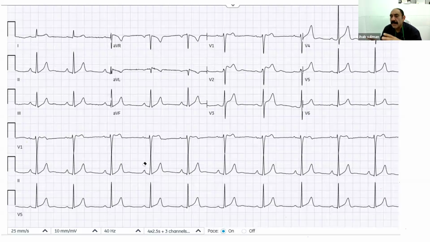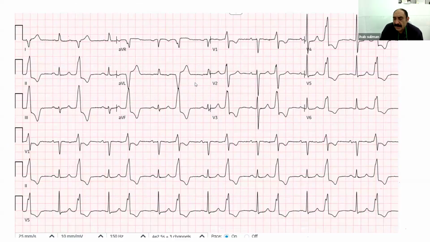Echo will be normal, MRI will be normal, and only the ECG is abnormal, and the ECG abnormalities might get higher with fever or with ajmaline, an anti-arrhythmic medication. Sometimes it disappears, sometimes it comes back. So remember to be on the lookout for Brugada syndrome as one of the causes of sudden cardiac deaths of young people.